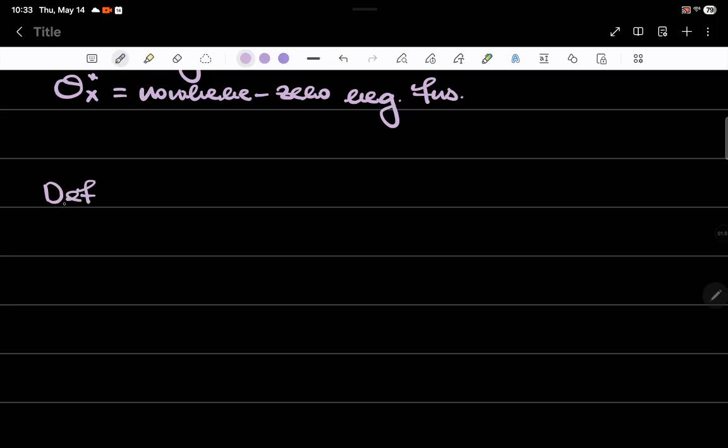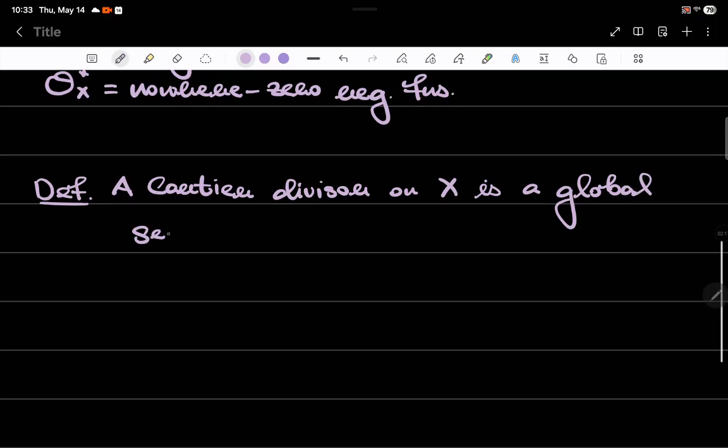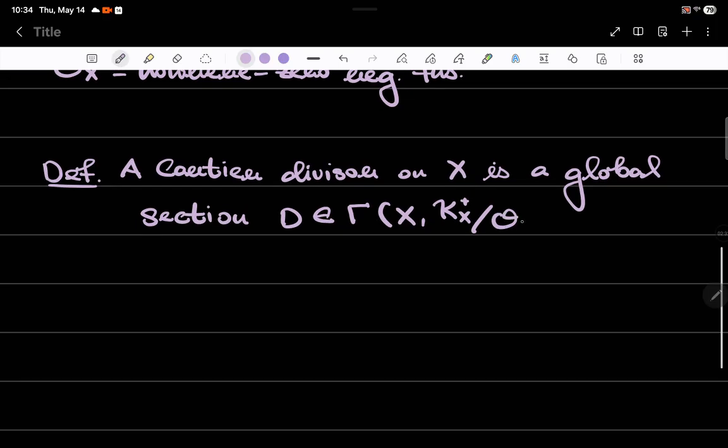Definition: a Cartier divisor on X is a global section D of this quotient sheaf of non-zero rational functions by the nowhere zero regular functions.